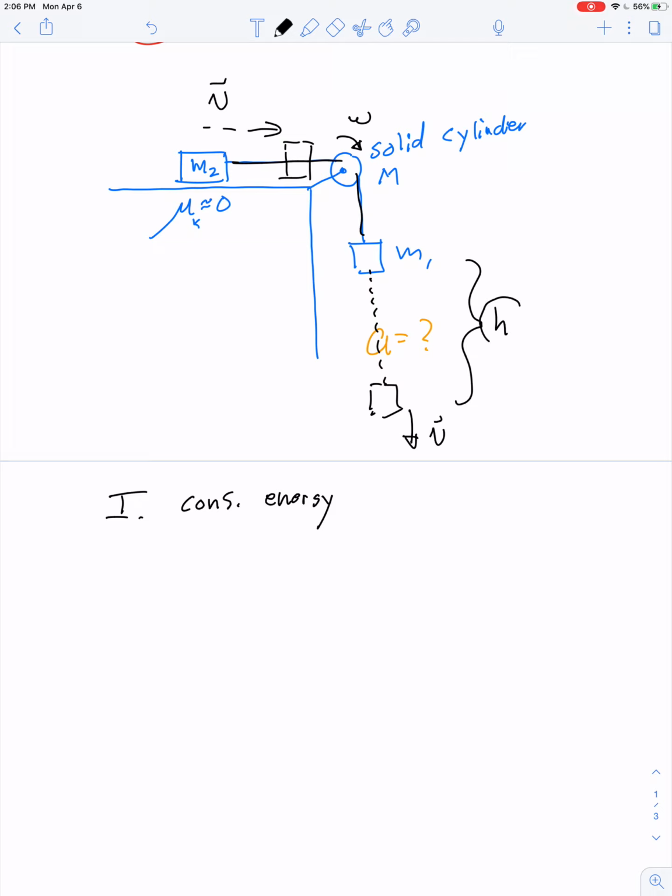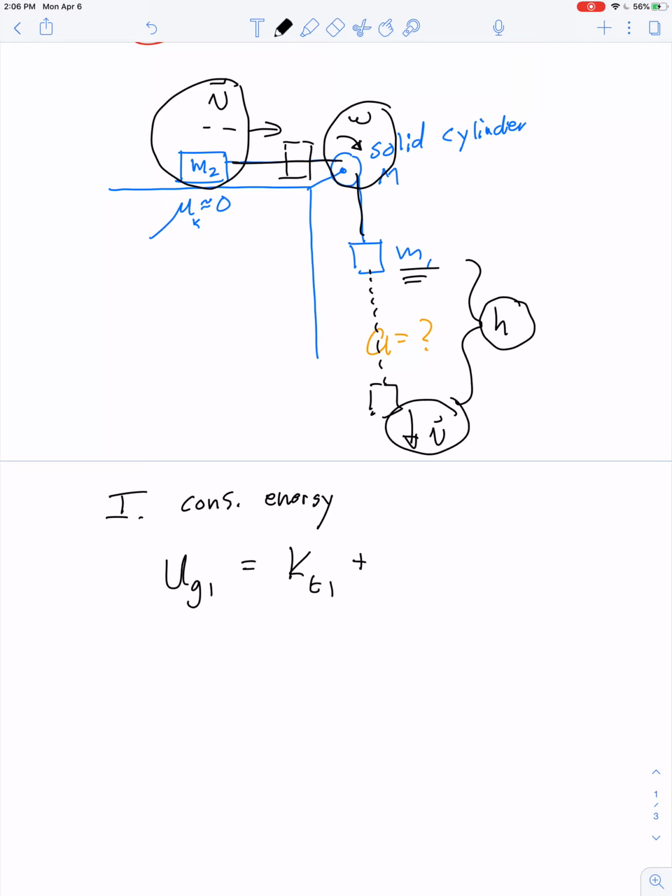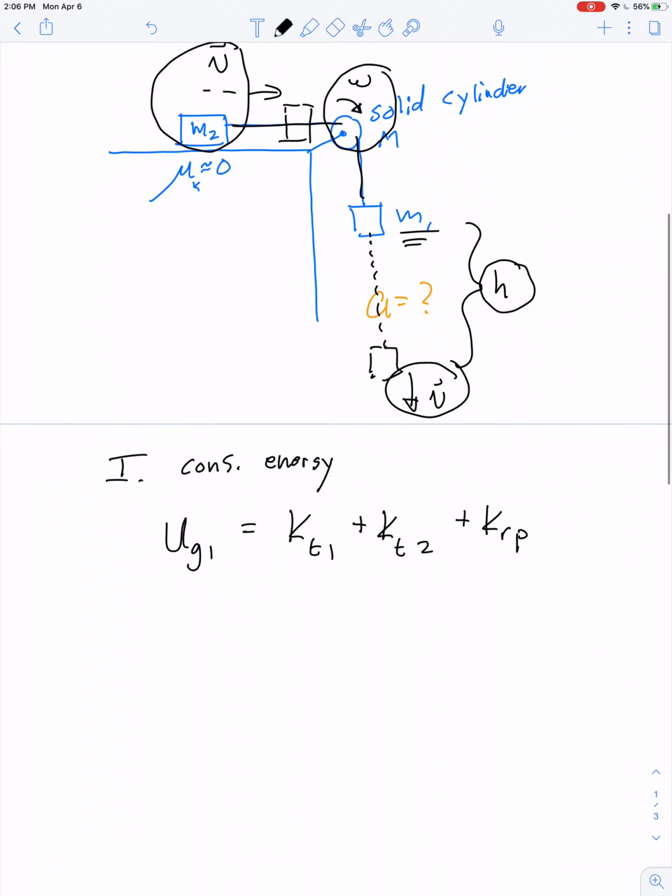So it's all the loss of gravitational potential energy of mass number 1 that results in its increase in kinetic energy, the increase in translational kinetic energy of block 2, as well as the increase in rotational kinetic energy of the pulley. So gravitational potential energy of block number 1 equates to the translational kinetic energy of block 1 plus the translational kinetic energy of block 2 plus the rotational kinetic energy of the pulley.